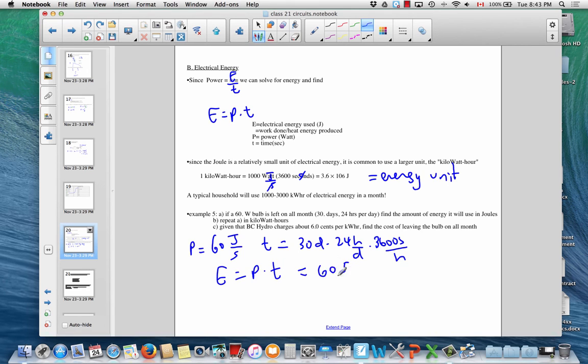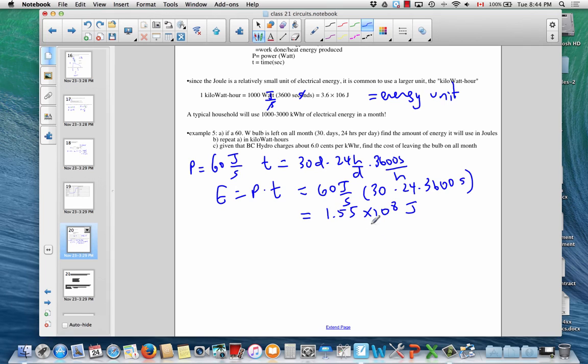So we're using 60 joules every single second, and then we're multiplying by this time here, right? 30 times 24 times 3,600 in second units. And it turns out that that's 1.55 times 10 to the 8 joules, or 155 million joules, which sounds like a lot. But remember, a kilowatt hour is 3.6 million joules, and this is not that many kilowatt hours.